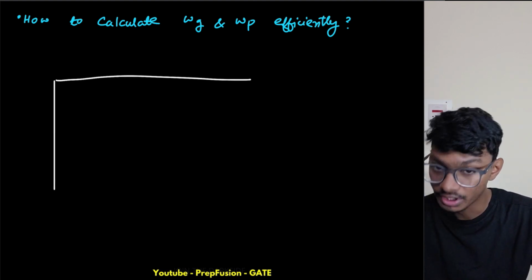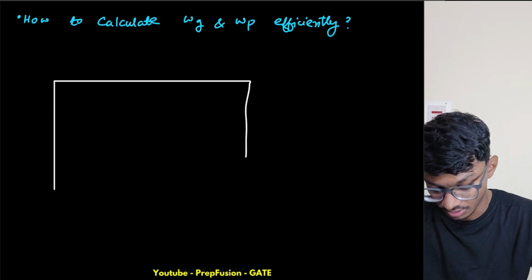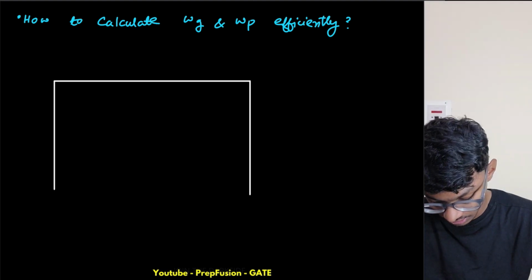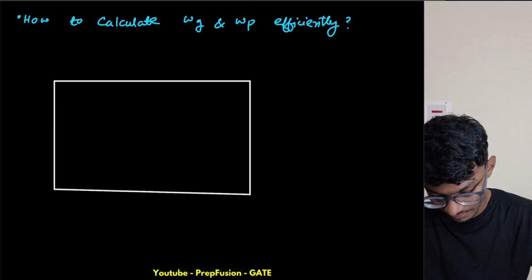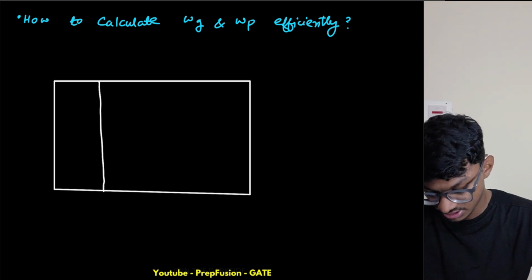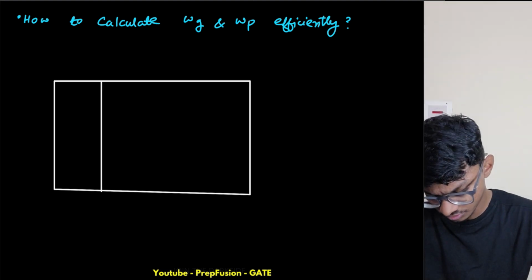So for efficiency, you make a table, and the critical points are omega equals 0 and omega equals infinity. Those are the main critical points. Just as we plotted the polar plot, you do it like that.